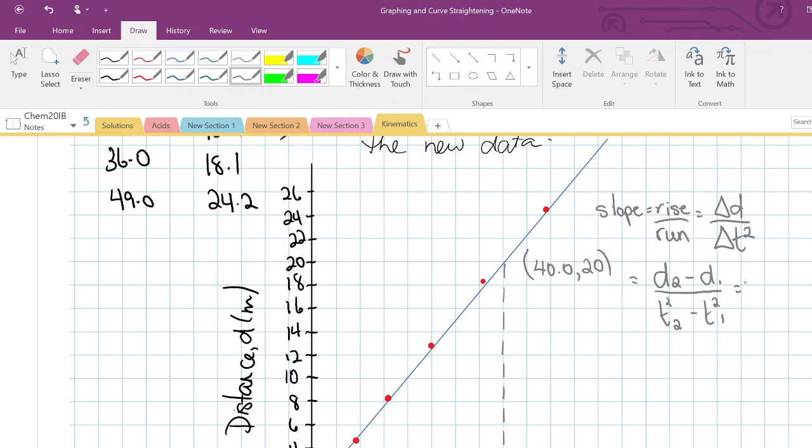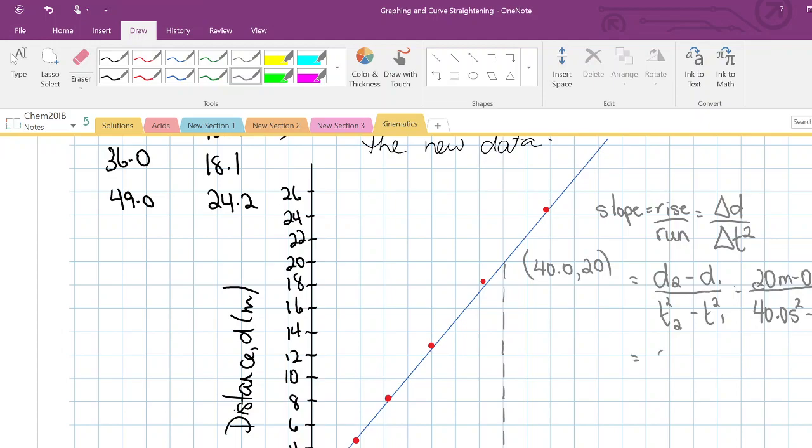Right, and I'm going to put my numbers in. So my distance 2 is my 20 meters, minus my 0 meters, divided by my 40.0 seconds squared minus my 0 seconds squared.